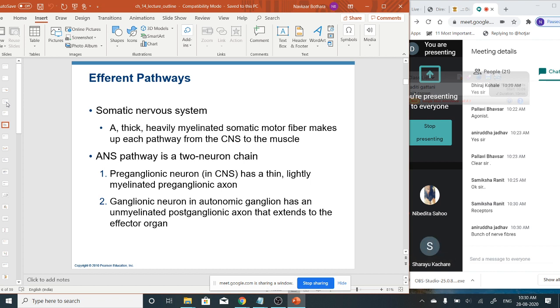It is not a KBC where the fastest finger should immediately respond. Okay? Give some time, try to think. Bunch of nerve fibers. In the central nervous system, in the brain there are bunch of nerve fibers, Anirudh. Yes or no?